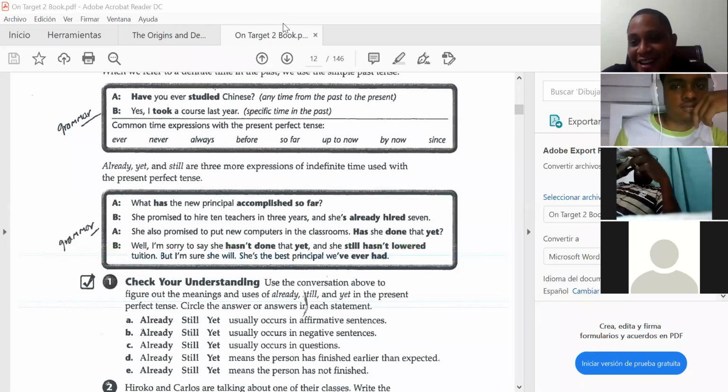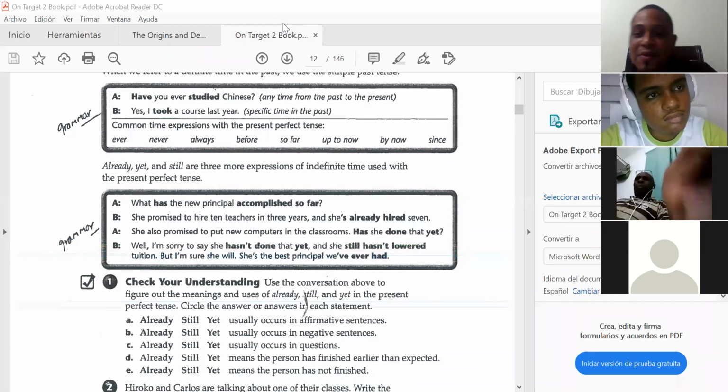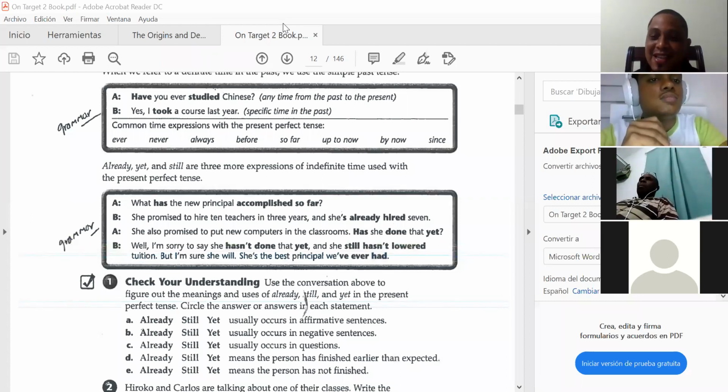When I was 10, I went to the countryside. You can go to the countryside, but you're not going to be 10 anymore. So you cannot repeat the action in the same condition. It's not that you cannot do it again. Yes, you can, but not in the same conditions. That's the point.